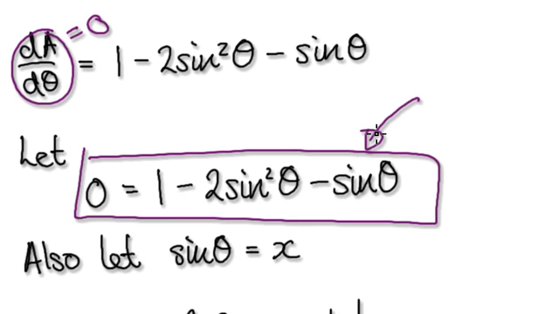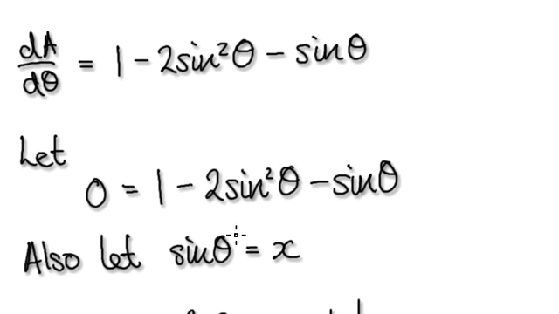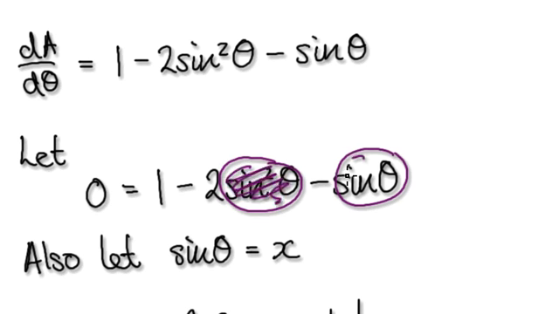Now turn this into a quadratic, using that trick from the past. You let sine theta equals x. So you can imagine this as being a quadratic, with one thing here and this squared here because there is a squared in here.